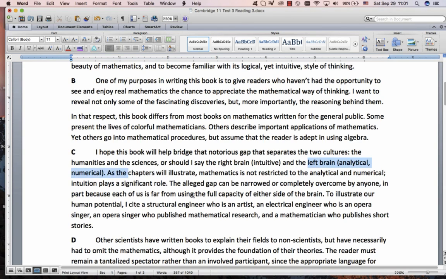So this is the analytical skills, and we're looking for an adjective. It could be that's also an adjective, but we've already mentioned that with the analytical. That's the one that we want, that adjective. Here it kind of repeats, mathematics not restricted to analytical and numerical, intuition plays a significant role as well.